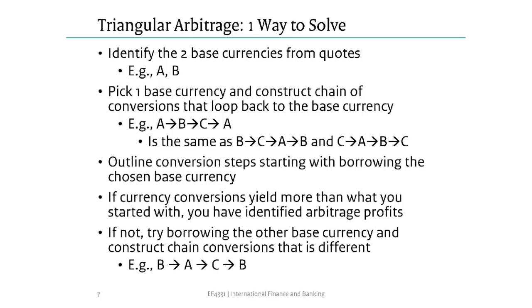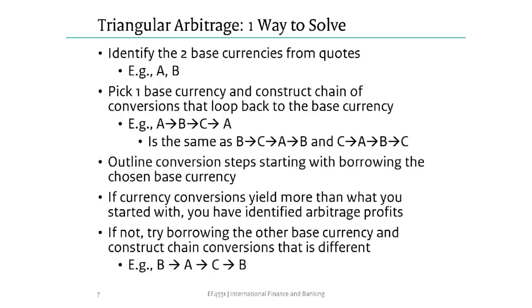Depending on which currency you buy or sell, you then have to identify which quote to use, either the bid or ask. But once you've established the chain of currencies to convert and which bid or ask quotes to use, you can quickly figure out whether or not this chain sequence of currency conversions will yield more than what you started from.